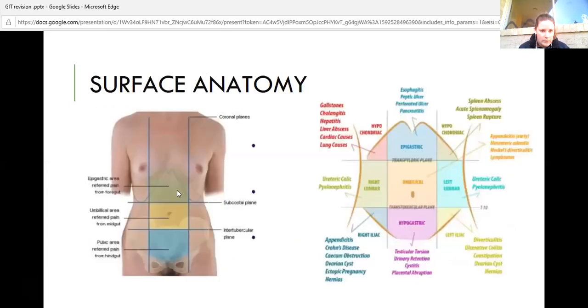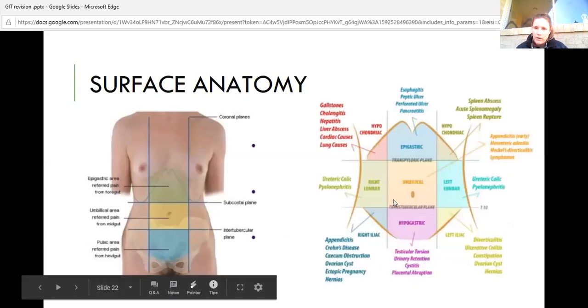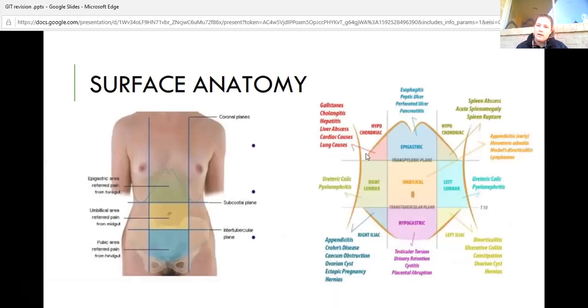So surface anatomy, we talked a little bit about before, but again, it's super important. If there's pain in the right upper quadrant, immediately think, okay, what's there? Is it gallstones, the gallbladder, or something liver related, hepatitis and abscess? Epigastrium, you're thinking stomach, so peptic ulcer, esophagus, or pancreas, pancreatitis.